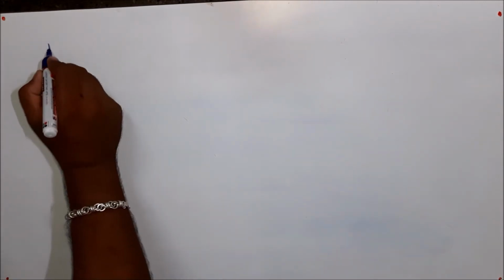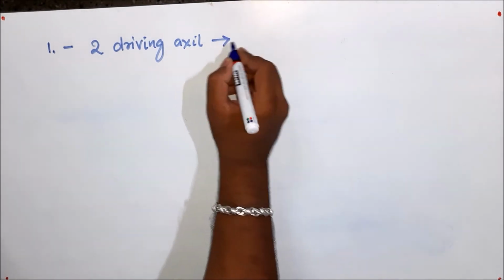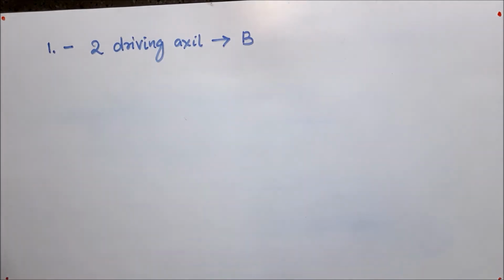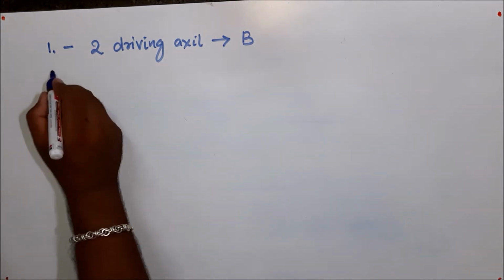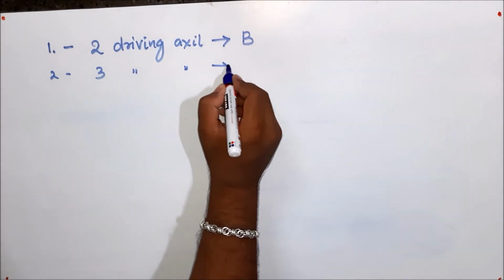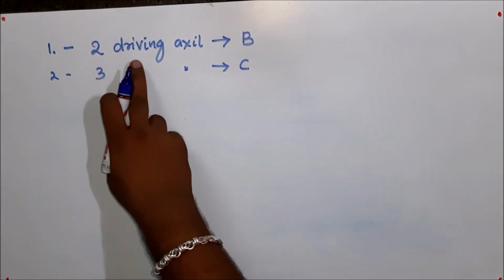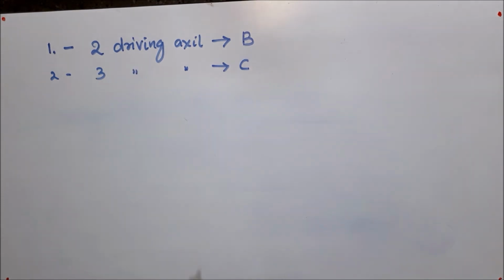Let us study the coding of driving axles of a locomotive. You have to remember some rules. The first one is, if there are two driving axles, it is represented as capital B. If there are three driving axles, it is represented as capital C. Driving axles means the axles which are connected to the motors.